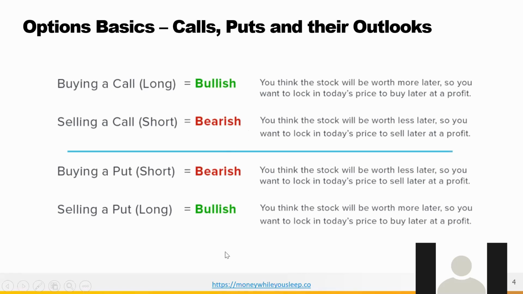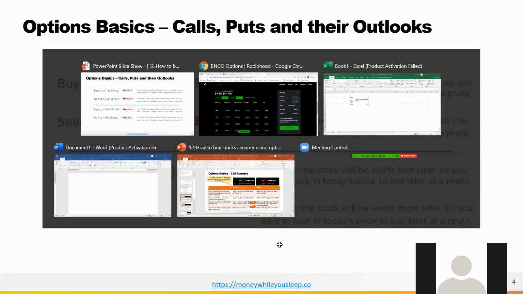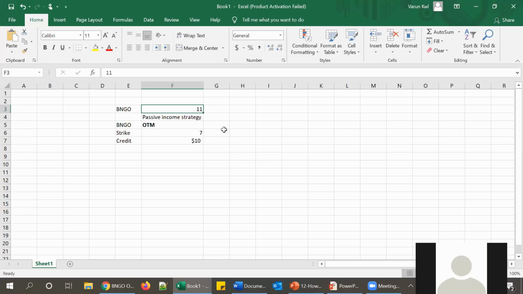That is true. So for the passive income strategy which you were showing, Varun, you said basically that we were far away actually from the reality that it's not going to go to $7, right? In this case, I'm actually more looking for a bearish strategy. I mean, my outlook is bearish, let's say that way. So will I sell a call in this case or sell a put? No, no. Here we are bullish actually.